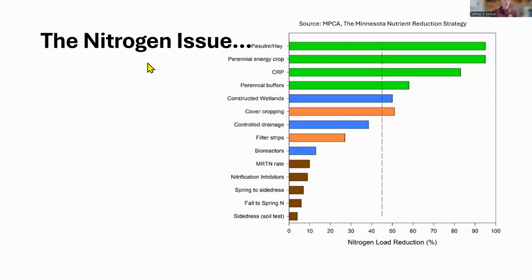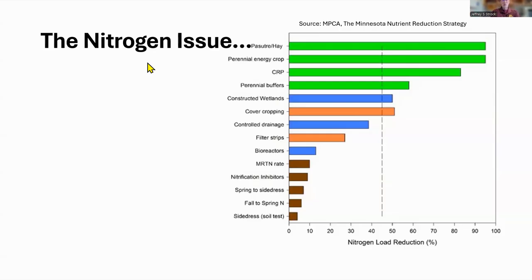These are some of the edge of field practices that we actually had some data for when the original nutrient reduction strategy was devised. The ones in orange relate to some of the infield practices, and the green ones relate to more perennial, continuous living cover systems where you may have livestock, so you've got some pasture hay issues.